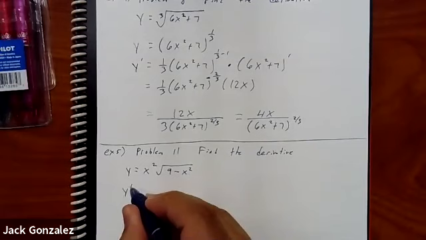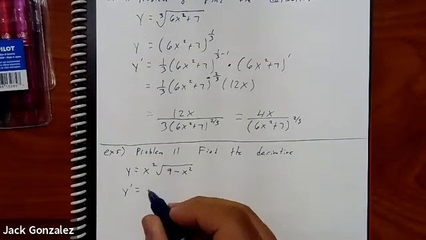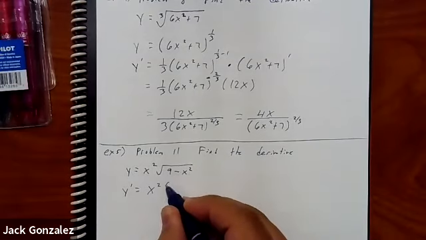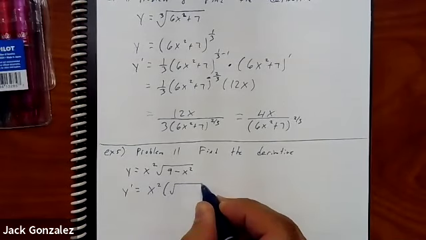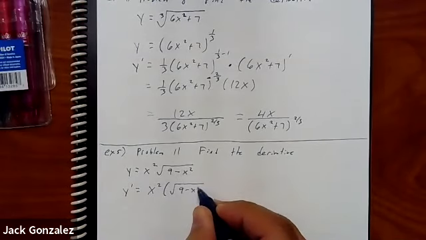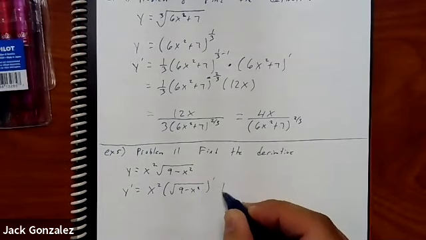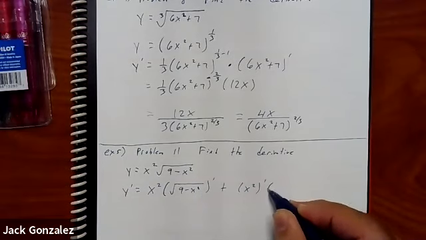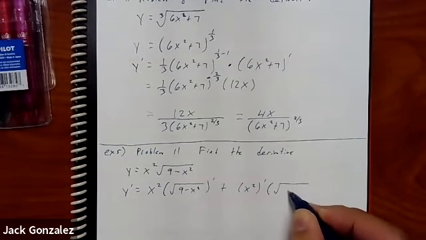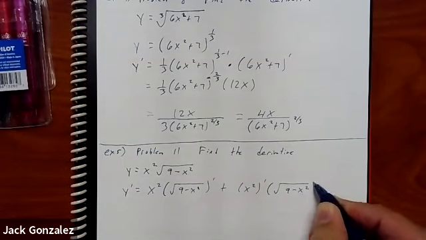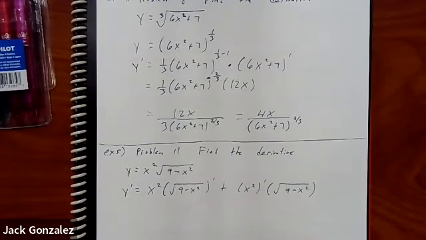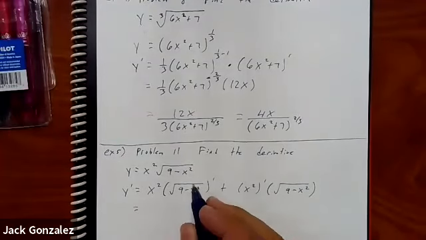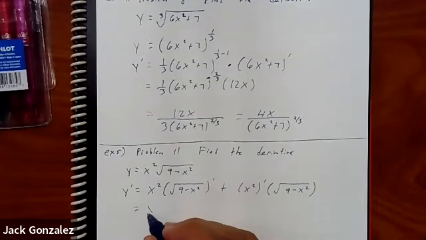So the derivative is going to be x squared times the derivative of the second term, plus the derivative of the first term times the second term. This is going to have to be a 1/2 before we do it.